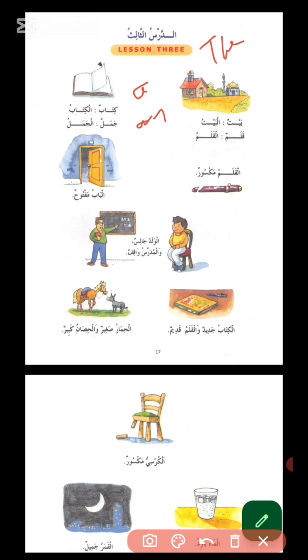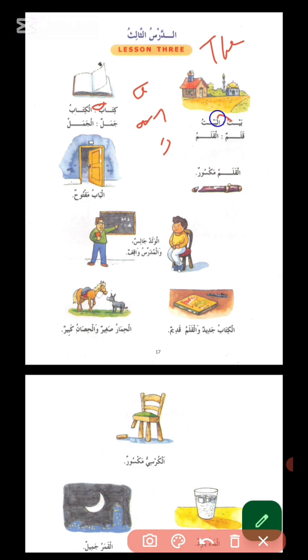In Arabic, we have tanween for article a, and tanween is indicated by these signs. These signs, like over here, this is tanween.